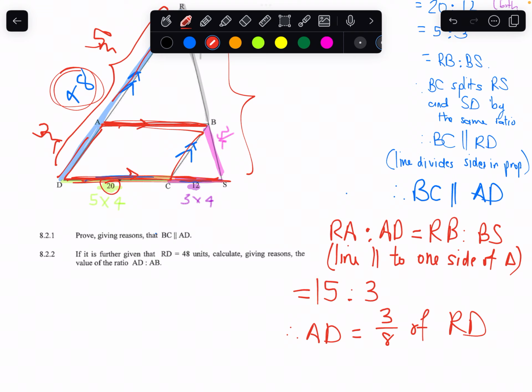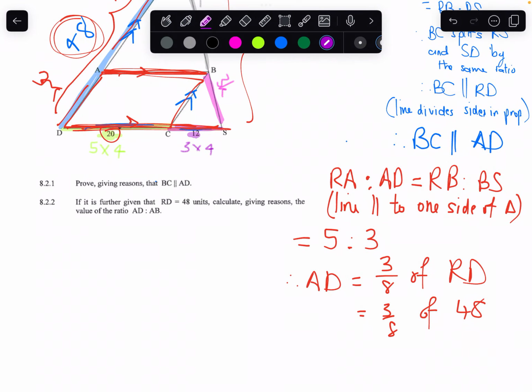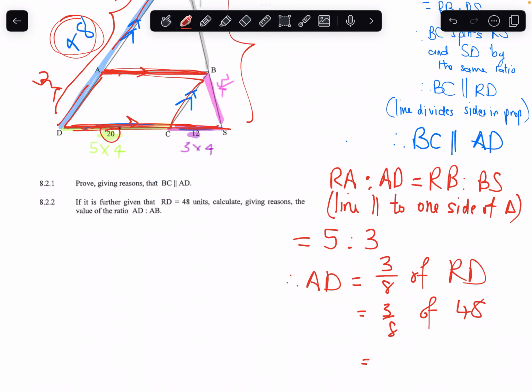Because if it's split by a ratio 5:3, one segment is 5/8 of the whole line, and the other segment is 3/8 of the whole line. So that is 3/8 of 48. 1/8 of 48 is 6, so 3 of them will be 18. So we've got AD, and we know that it is 18.